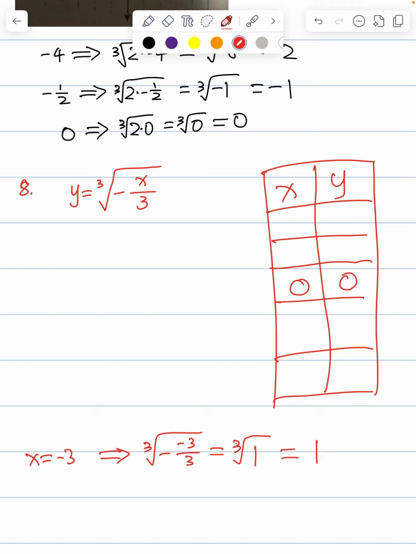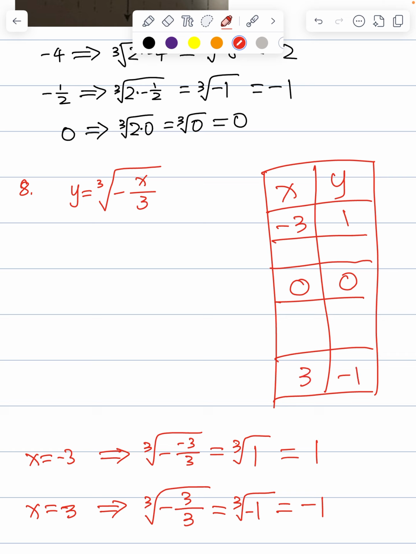So when x equals -3, y equals 1. Then I can use the positive 3. Positive 3: the negative of 3 over 3 is the cube root of -1, which is -1. So x equals 3, y equals -1.